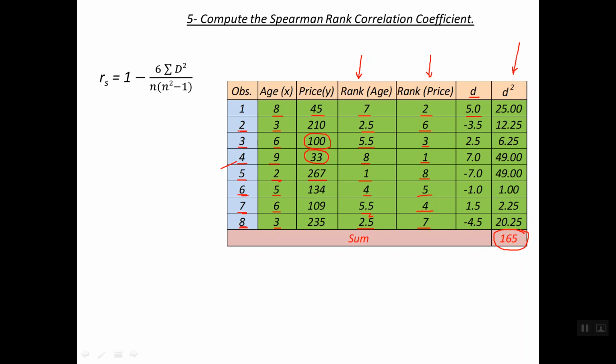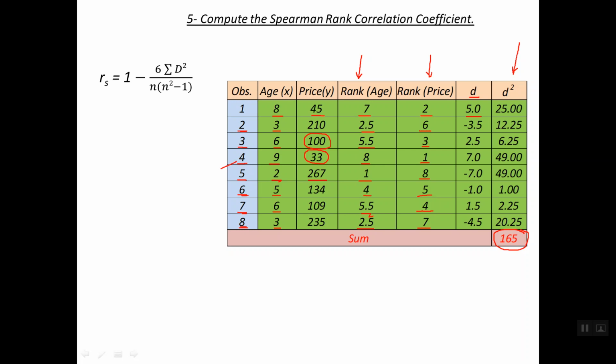This is the formula to compute the Spearman rank correlation coefficient. R sub S, S here refers to Spearman, in order to differentiate it from the Pearson correlation coefficient. R sub S is equal to 1 minus 6 sum of D squared divided by n multiplied by n squared minus 1.